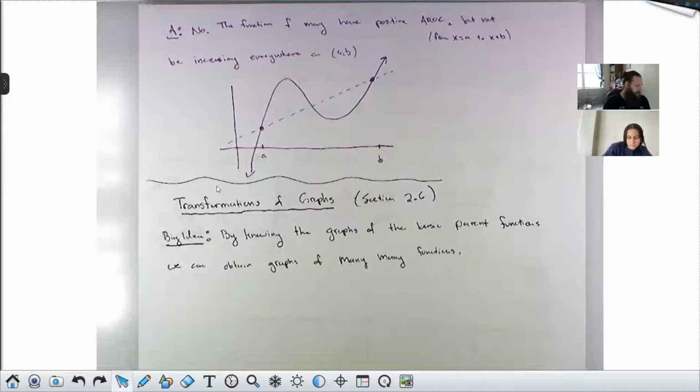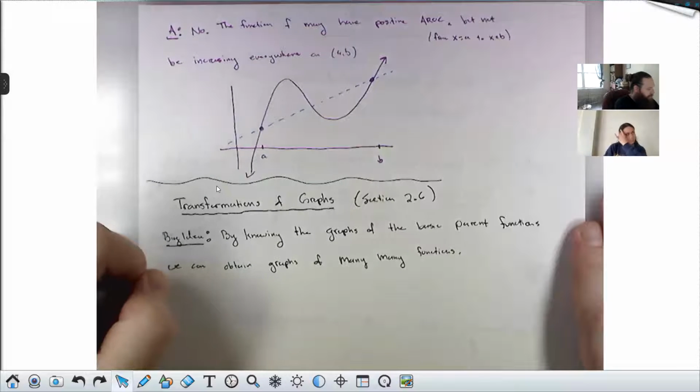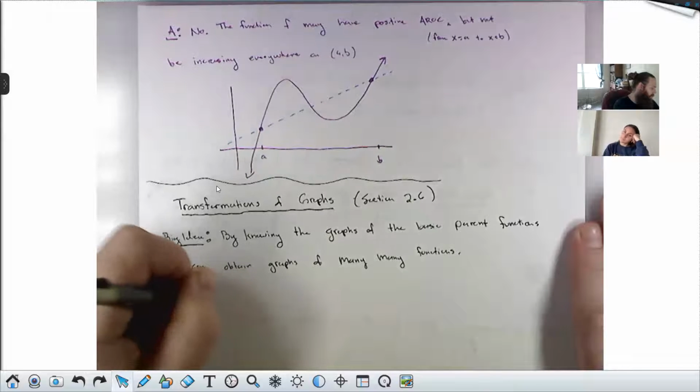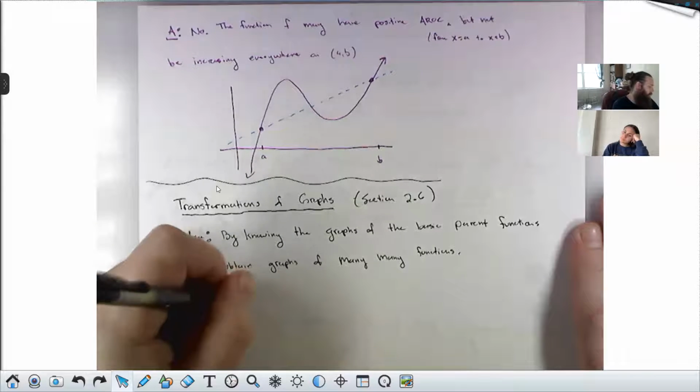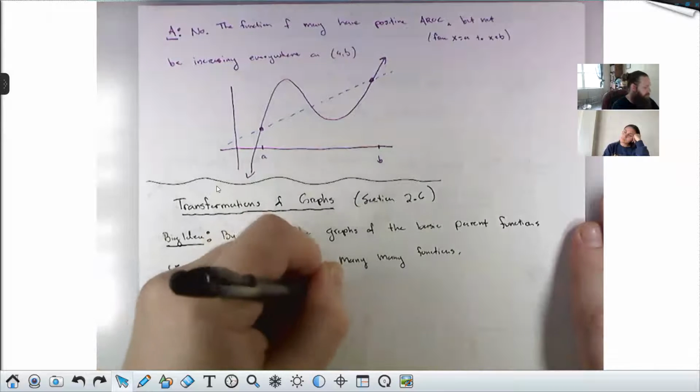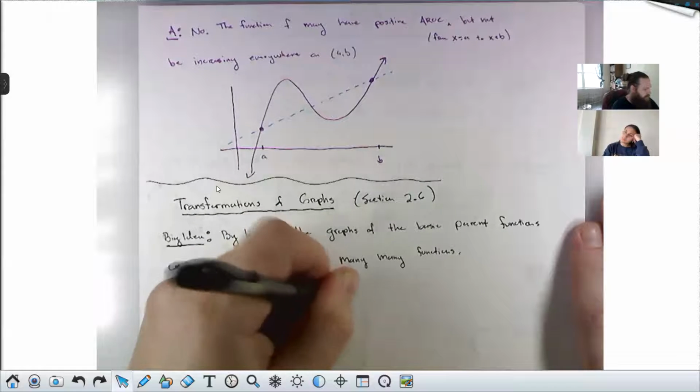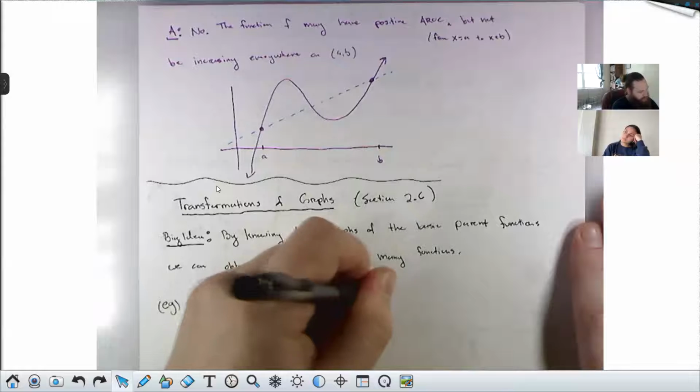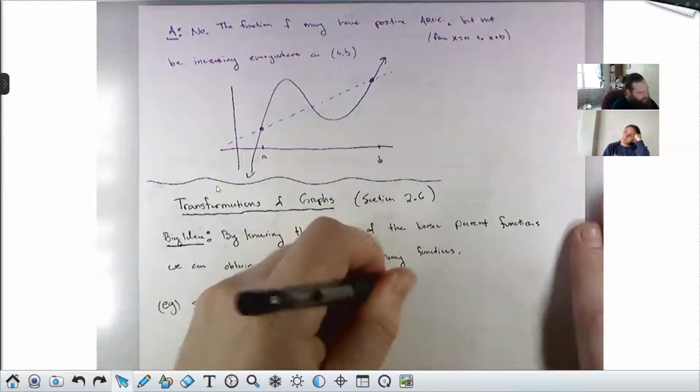Okay. We're going to start with some basic functions, and we're going to move them around the plane. Shift them left, shift them right, squish them down vertically, shift them out horizontally, whatever. All right. Example. Sketch the graph of f of x equals (x plus 2) all squared.